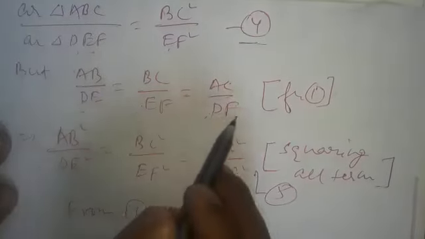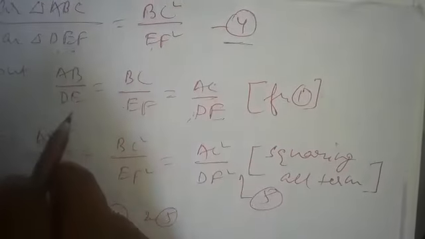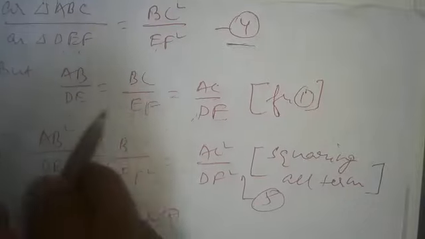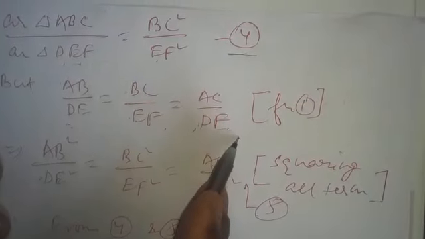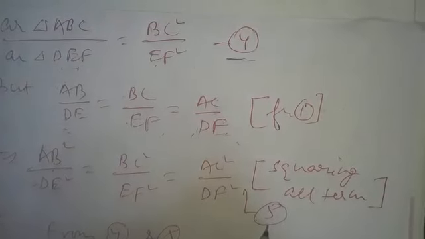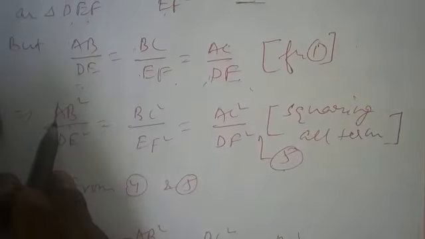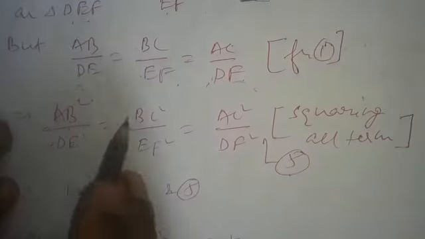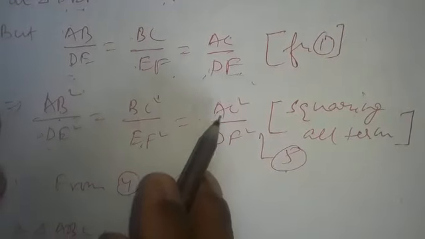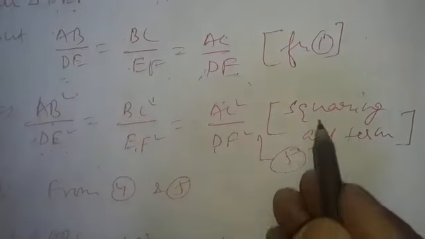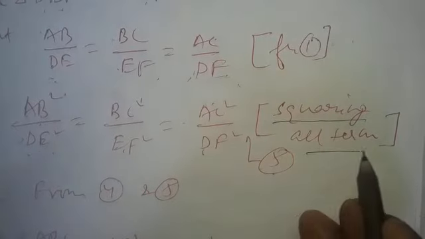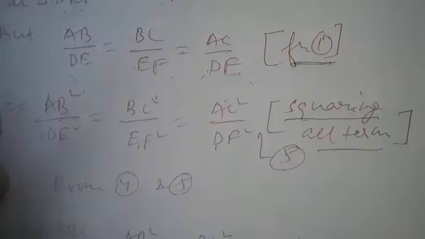Since the ratios of these sides are equal, we take the square of all the sides. So squaring equation number 1, we get a new equation, equation number 5: AB square by DE square is equal to BC square by EF square is equal to AC square by DF square. We have obtained that by squaring all terms of equation number 1.